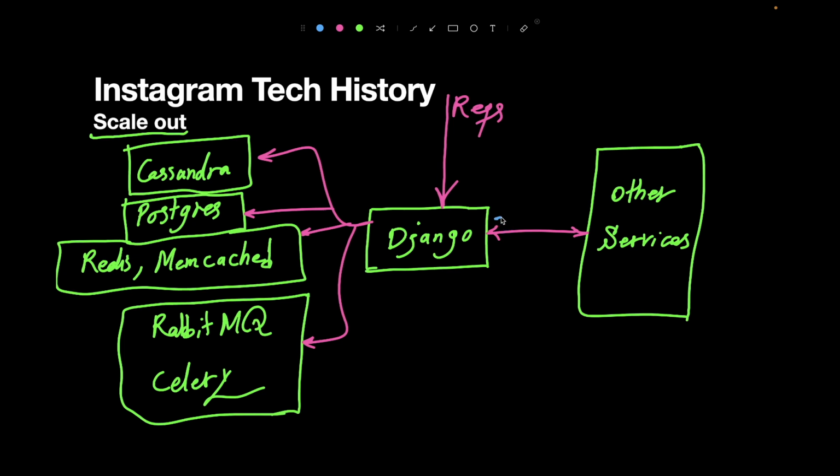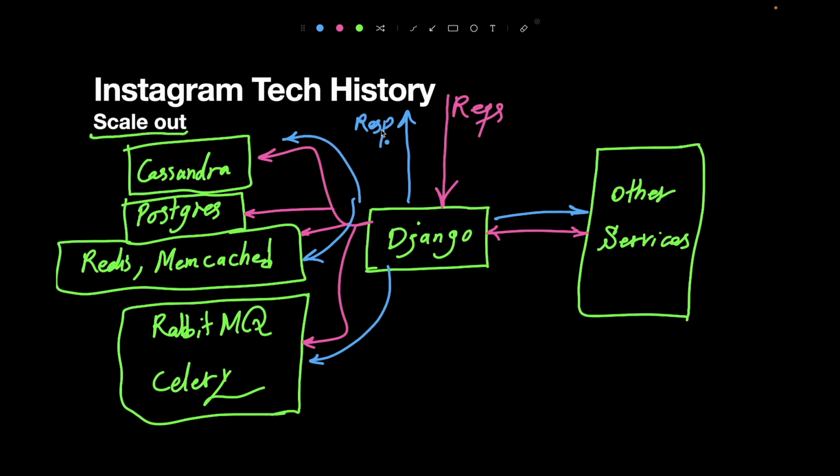So it may access other services, or read some data from a database or in-memory database, or try to queue tasks, and then responds to the user. This is what the general flow of information in the Instagram backend looks like.